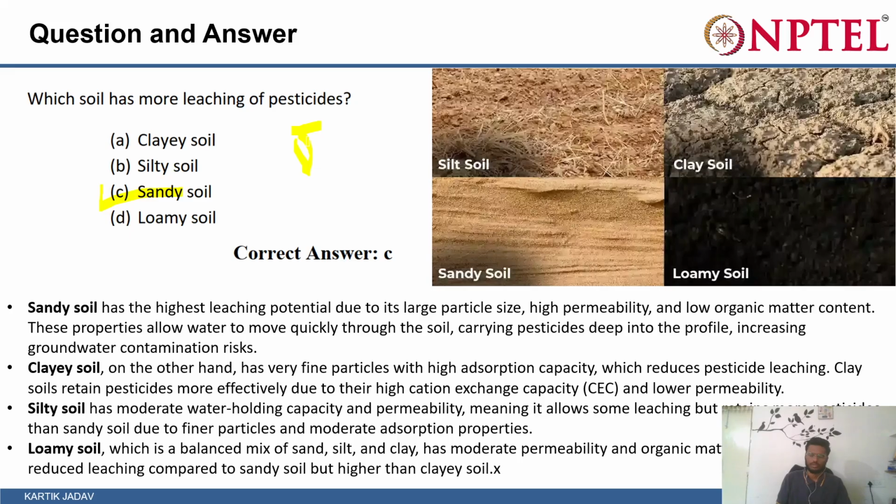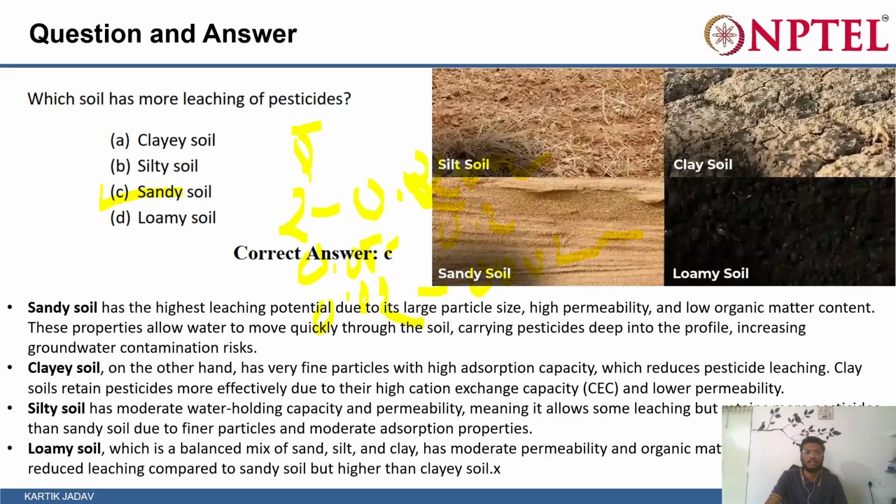Sandy soil has a particle size of 2 to 0.2 mm, then 0.2 to 0.05 mm, and 0.02 to 0.002 mm, right?